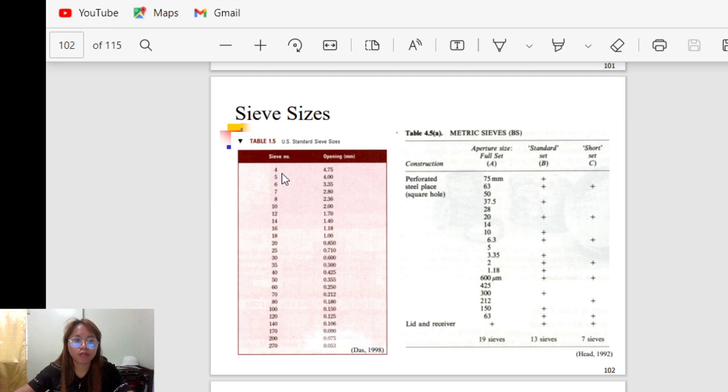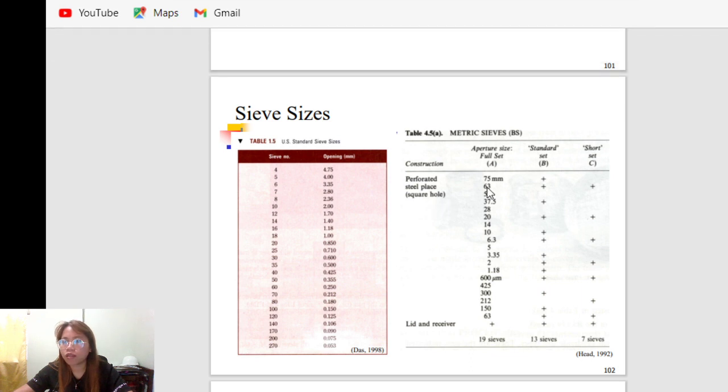For example, sieve number 4 is 4.75 millimeter, and so on and so forth, until 270, that is 0.053 millimeter, from DAS 1998. We also have these metric sieves from the British standard, and the construction material is perforated steel plate with a square hole.